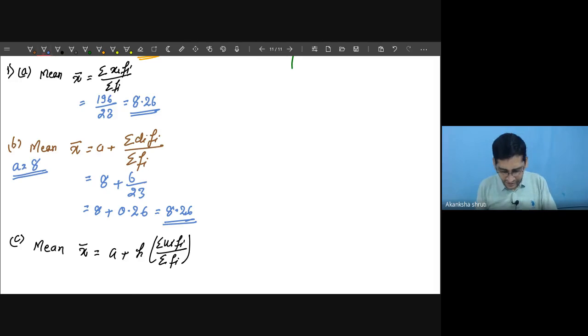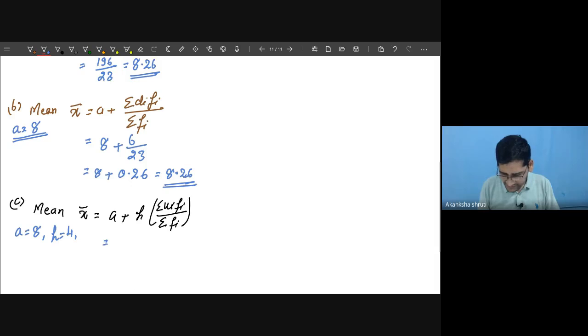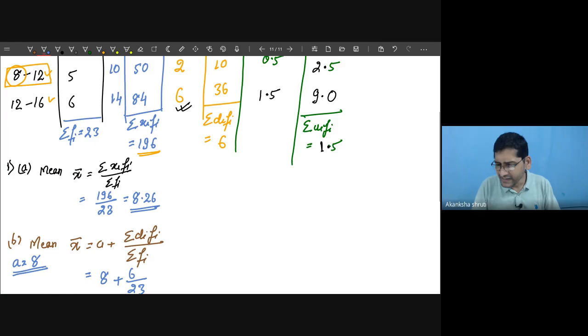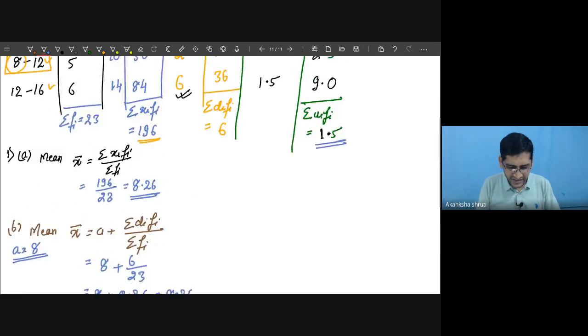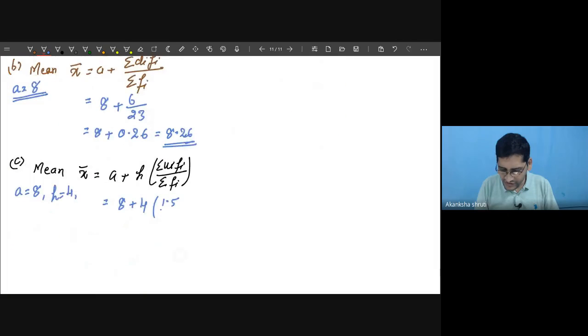Here a is the same, 8, and h is 4. So we need to substitute: 8 plus h, our 4, times summation of uifi, 1.5, and fi is our 23.